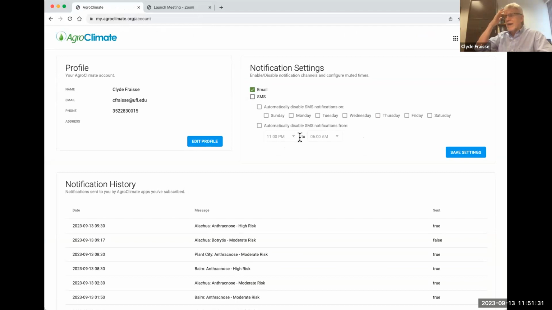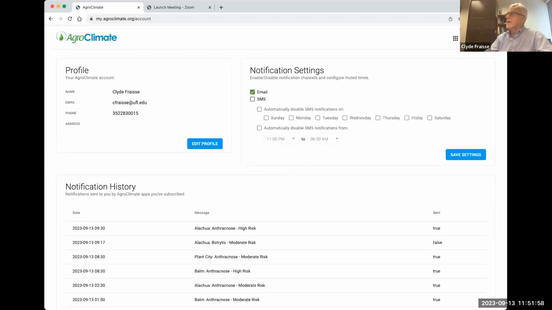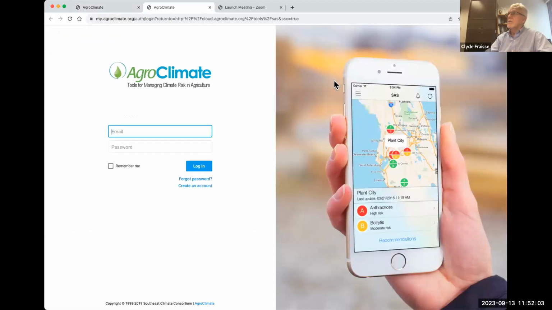Many growers had one request, that they don't want to have the phone with a notification between 11 p.m. and 6 a.m. Because they're not going to do anything about this, like a freeze alert. So they requested not to be notified, and they can accommodate that request here. And I can also look at the log of the alerts I received, so you can customize this tool as much as possible.